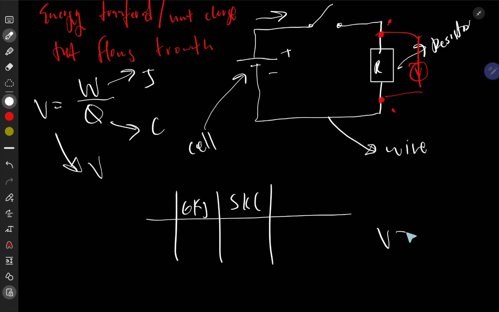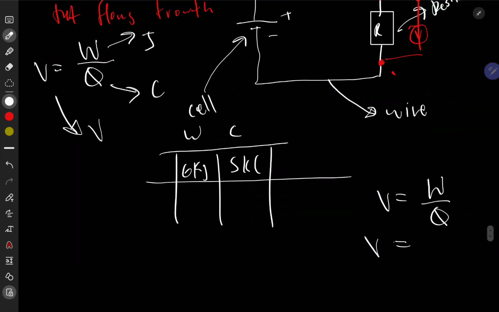It's going to be V equals W, a big W by the way, all over Q. So you are given energy, you are given charge, and you want to find the voltage or potential difference across whatever appliance is in between.